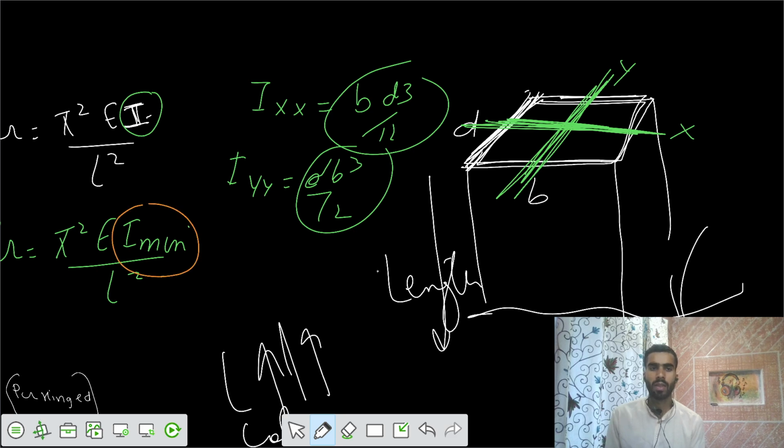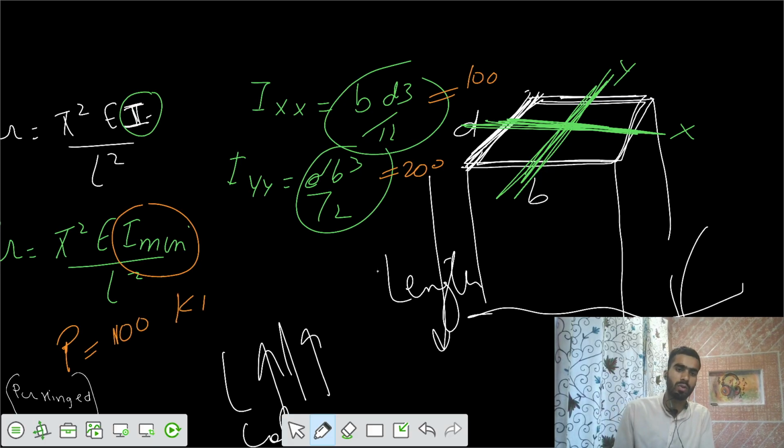Let's say this value was equal to 100 and this was equal to 200. That means in the first case, the load it can take is 100 kilonewton, let's assume.